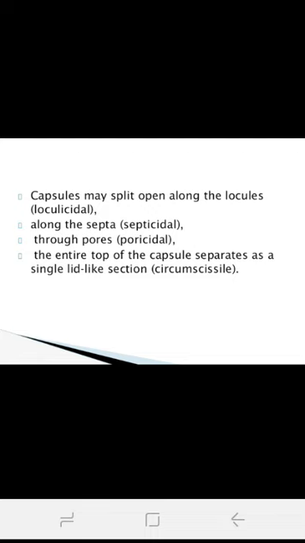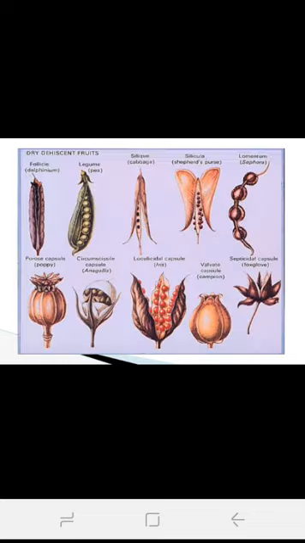If it is split through pores or openings, you can call it poricidal. And when the entire top of the capsule separates like a lid, it is called circumscissile. So through locules, loculicidal; through septa, septicidal; through pores, poricidal; and separating by a lid from the tip, it is known as circumscissile.